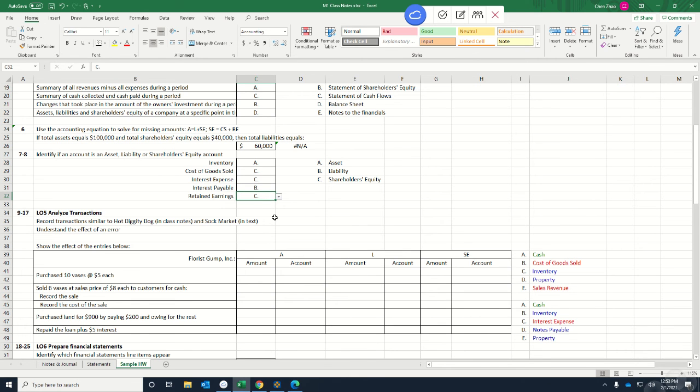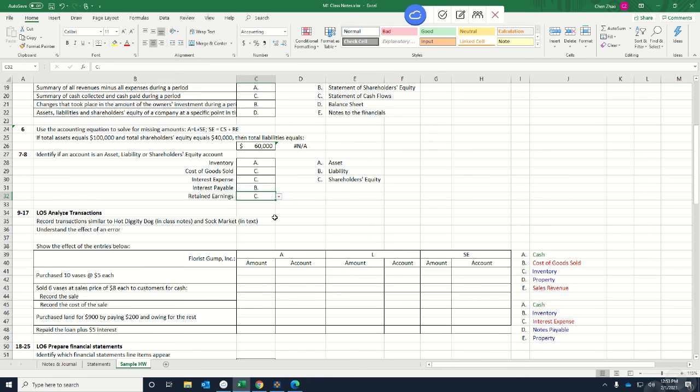Let me draw the chart again. Balance sheet. This is your balance sheet, and on the left, this is your total assets, and here, this is your liability, and then shareholders' equity. I'll just use SE, okay?